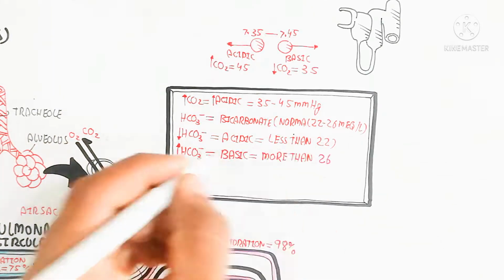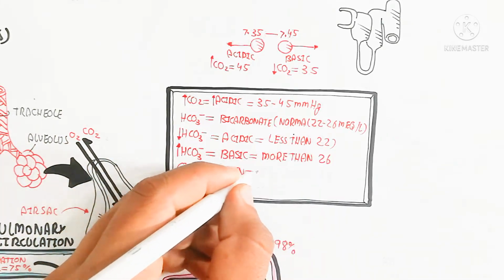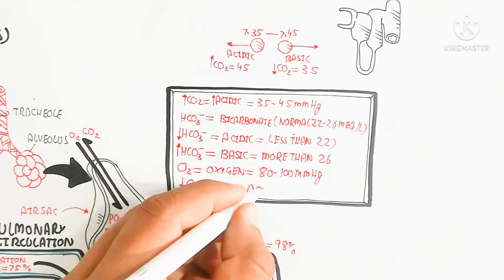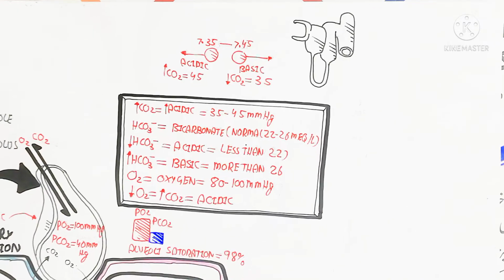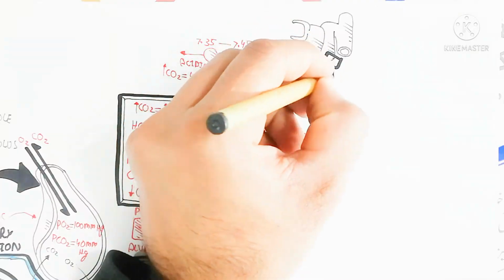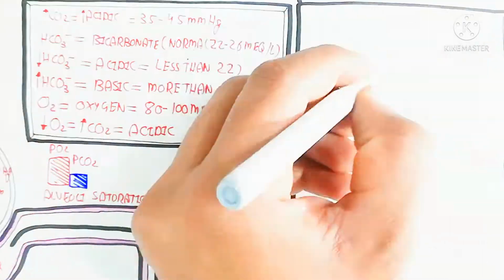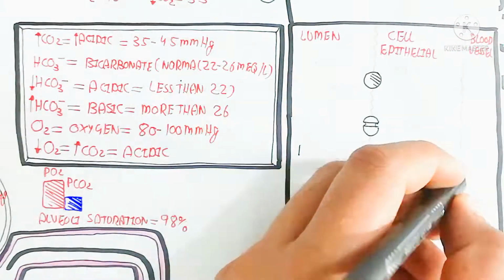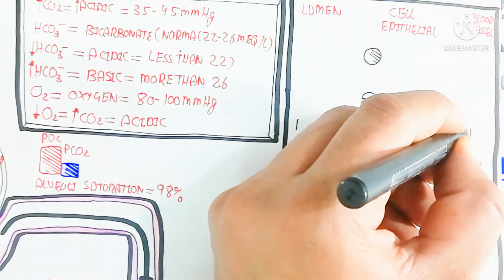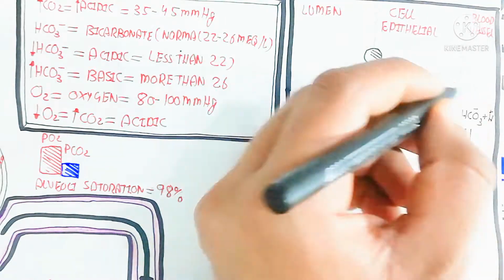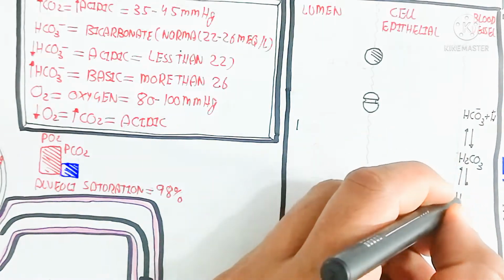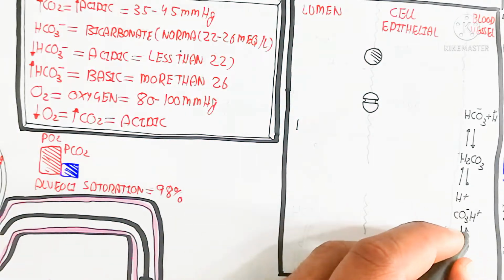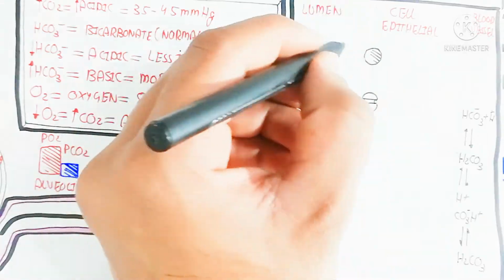Hydrogen bicarbonate normal is 22 to 26 milliequivalents per liter. It decreases toward acidic and increases toward basic, more than 26 milliequivalents per liter. Oxygen will be 80 to 100 millimeters of mercury, while when oxygen decreases and carbon dioxide increases, it leads to acidic.